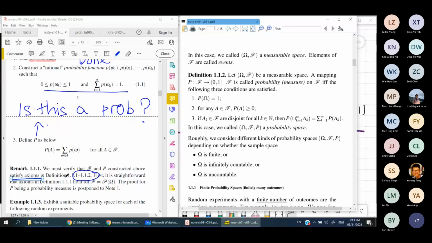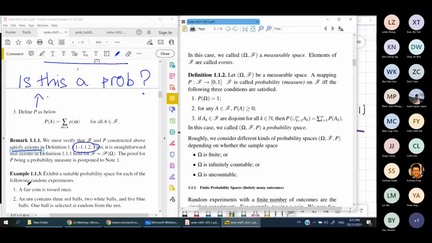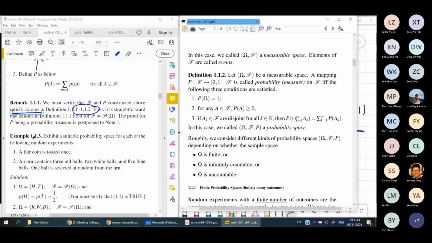Never mind. We do it together with the case B. As I said, the proof for P being a probability measure is postponed to note 1. So we do it together with the case B. We have discussed these examples already.